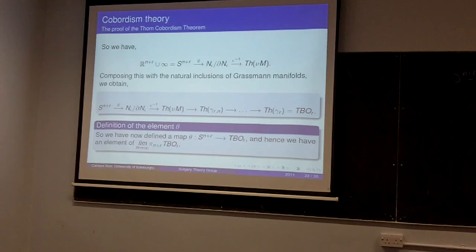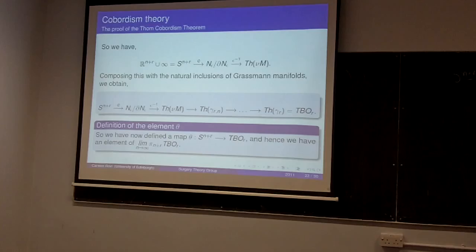You have your M embedded in the Grassmann manifold, and then over the Grassmann manifold you have your universal bundle, and as it's a universal bundle, you can pull back the normal bundle of M from that. So it's almost what we have on the board, and it's just what I have written here.